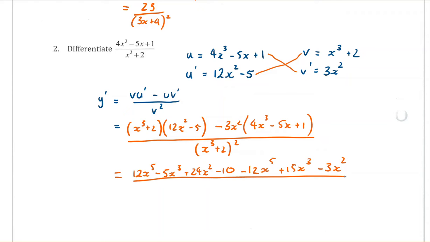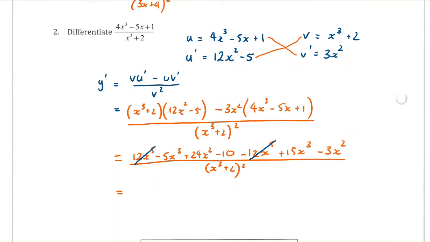So it can be a bit of a pain rewriting your denominator over and over again, but you do need to do it. So looking for some collecting. Oh, there's some cancelling. 12x to the power of 5 minus 12x to the power of 5, that disappears. So the power of 3 is my next highest power in there. So I have minus 5x cubed and plus 15x cubed.